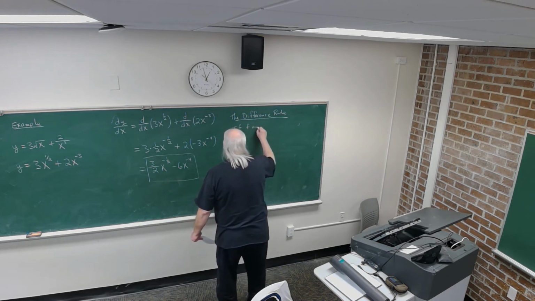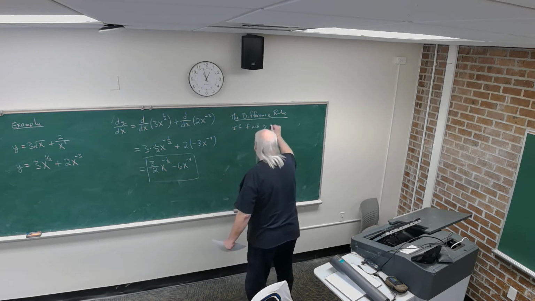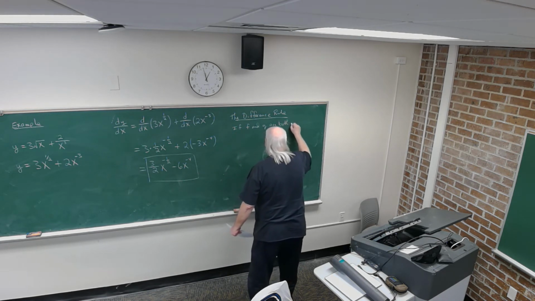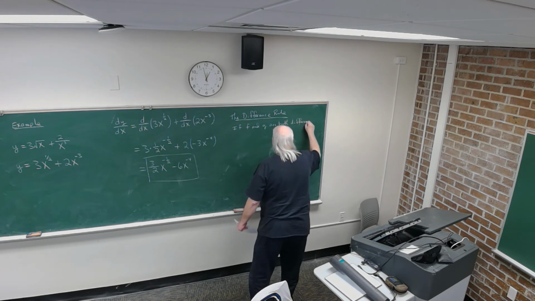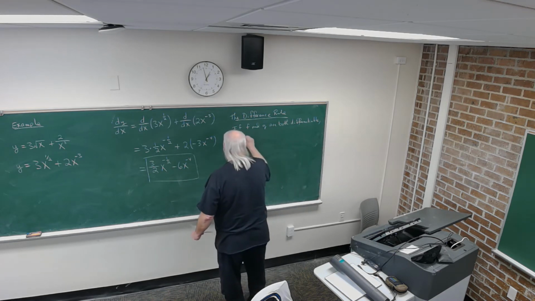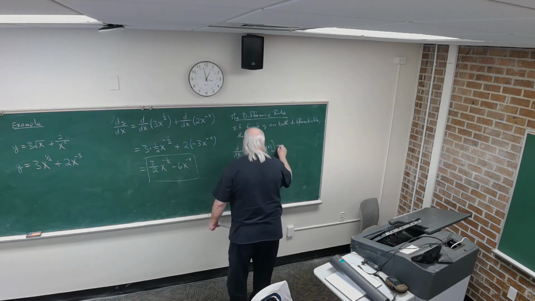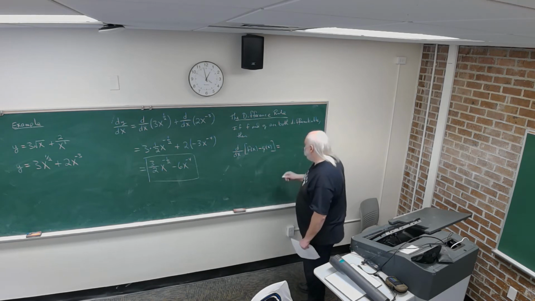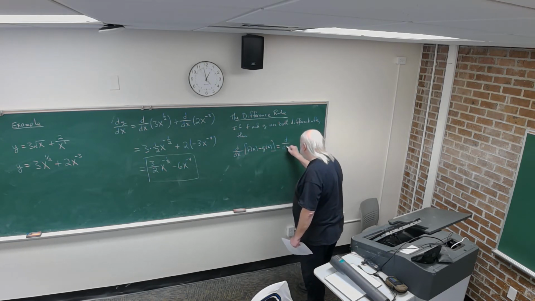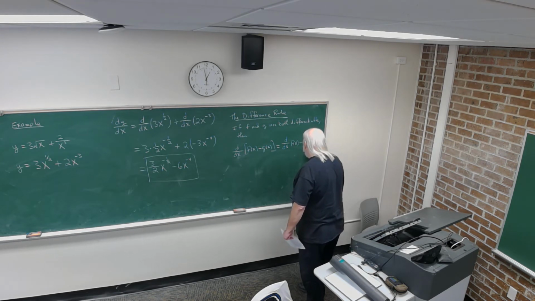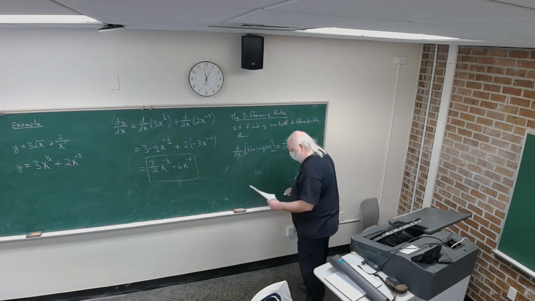If f and g are both differentiable, then the derivative with respect to x of f of x minus g of x is equal to the derivative of the first function, f of x, minus the derivative of the second function, g of x.